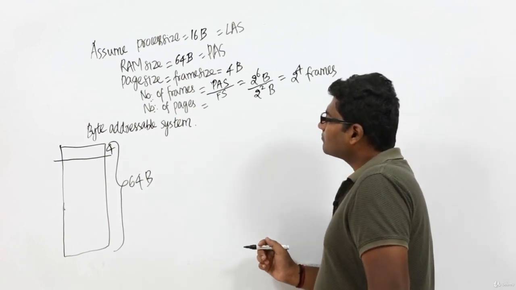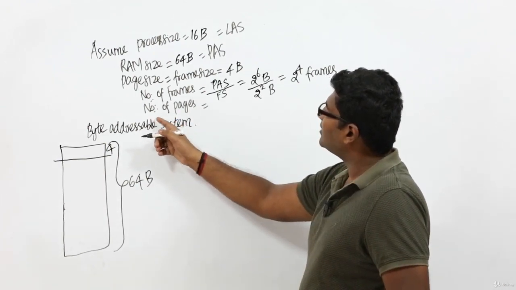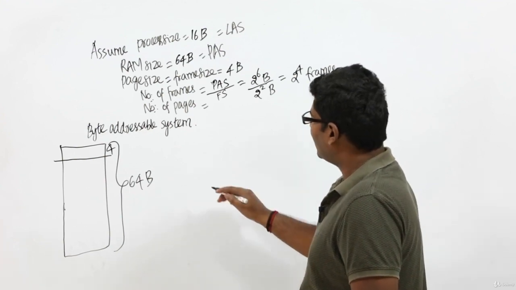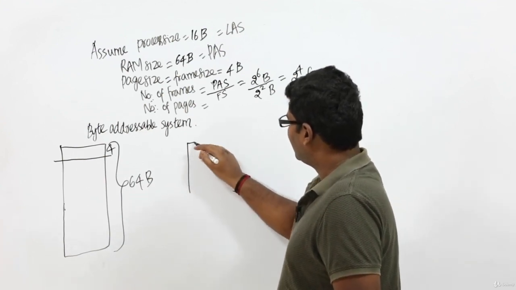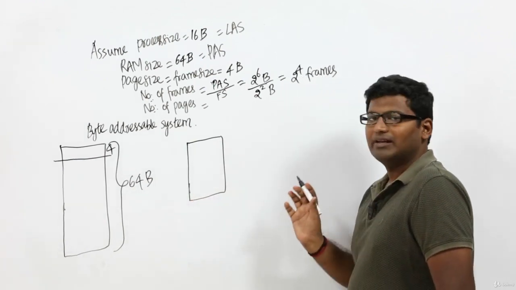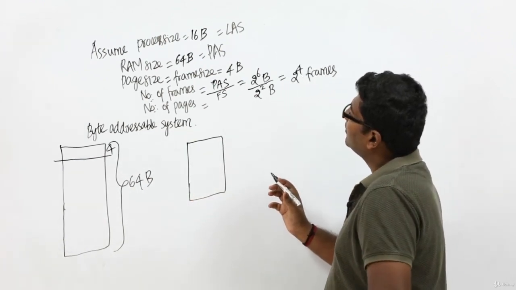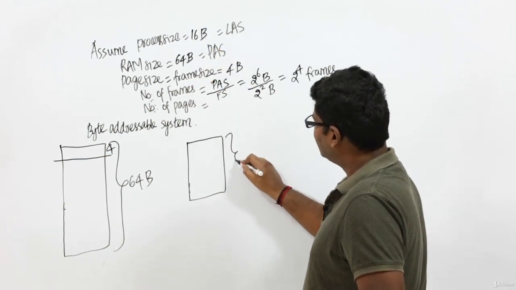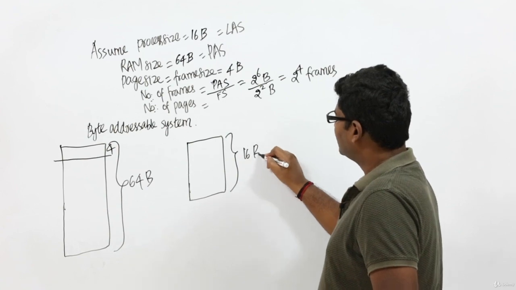Anyway, let's see this. What is the number of pages? Let us assume this is the process, the logical address space, and they have given that the size of the process is 16 bytes.